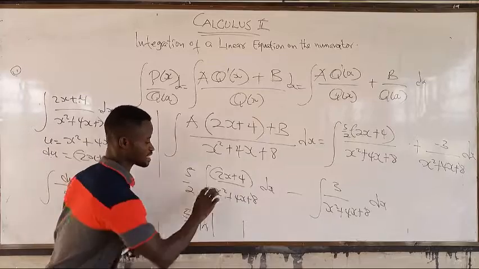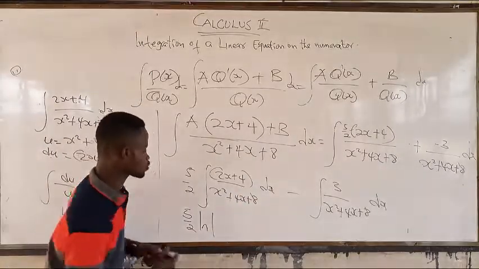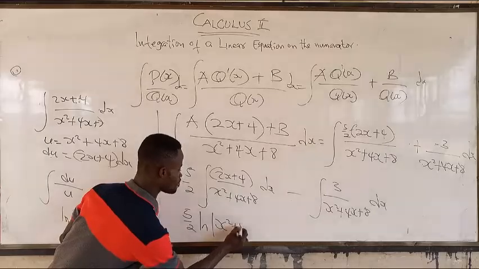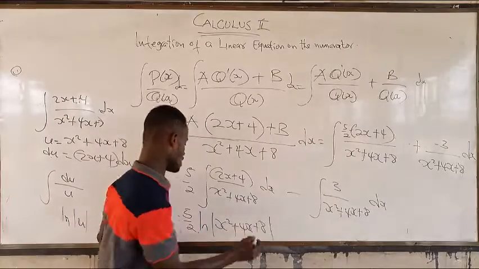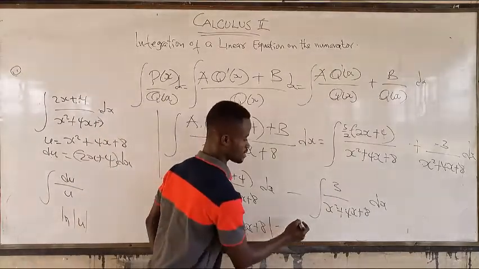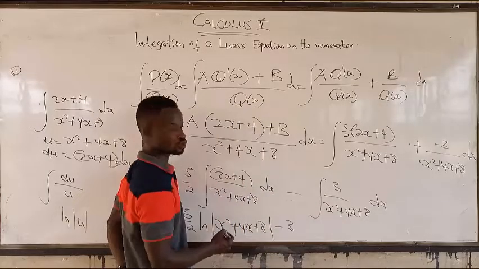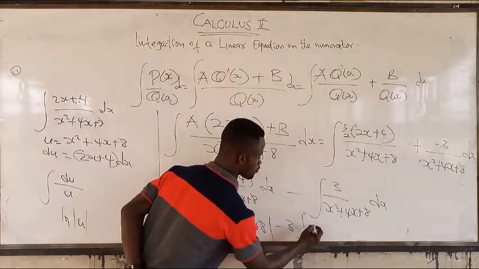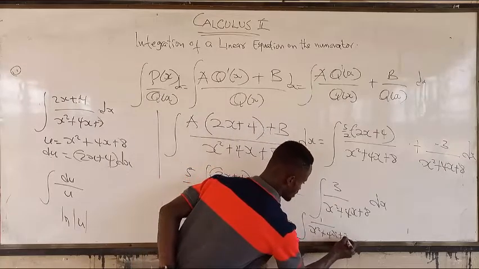But the u is, hope you can see that, s squared plus 4s plus 8. Then you close it. Minus, here you can choose to bring the 3 out, then the integral of 1 over s squared plus 4s plus 8.